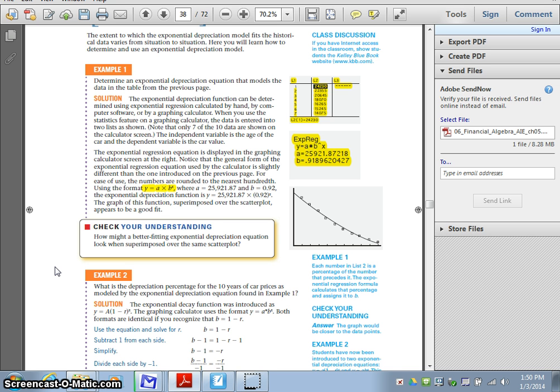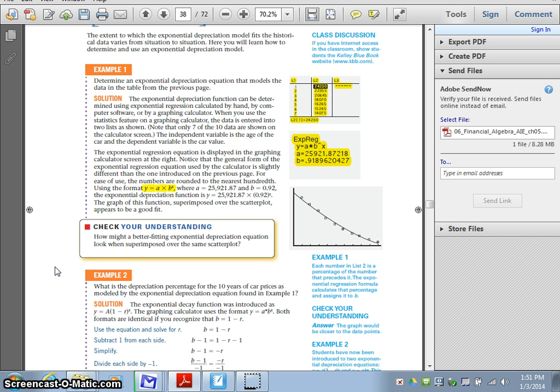Now, how did I get that? I got that by entering the values that I listed up above into the calculator. When I went to the exponential regression, it gave me these numbers. And right below that, you can see where it actually graphs the specific points on the graph. The exponential regression is the line that comes through it here to show you where that exponential decay is happening.